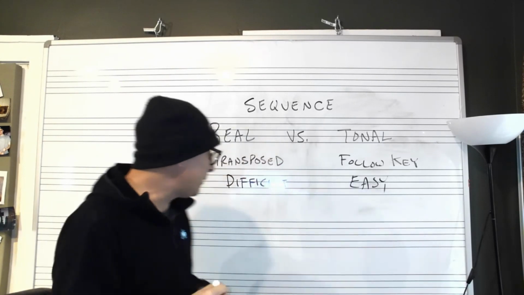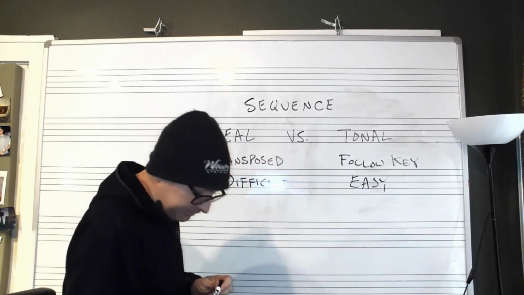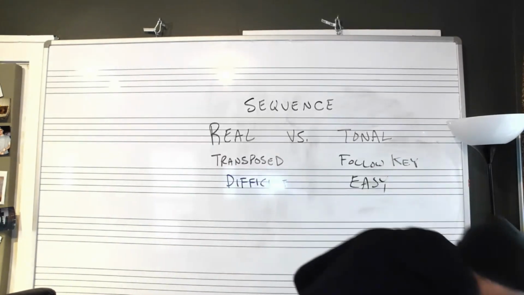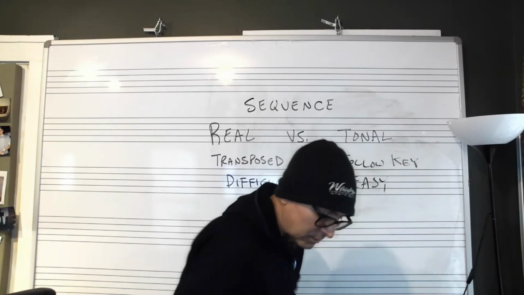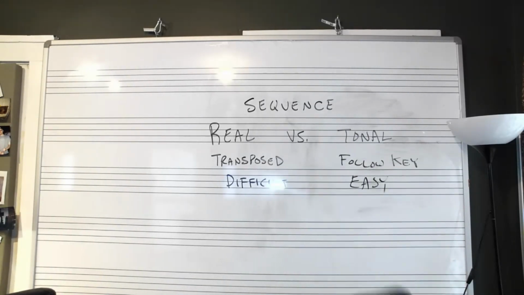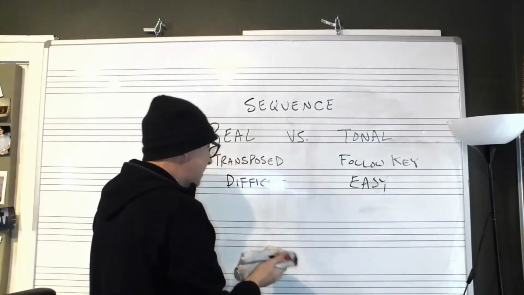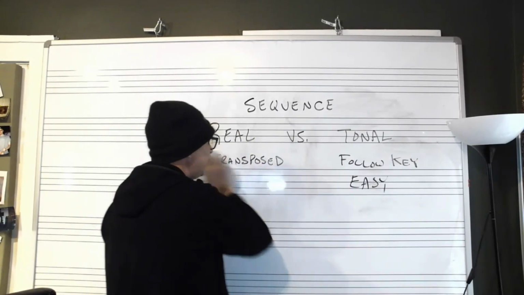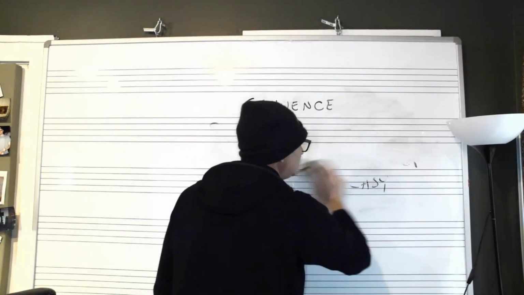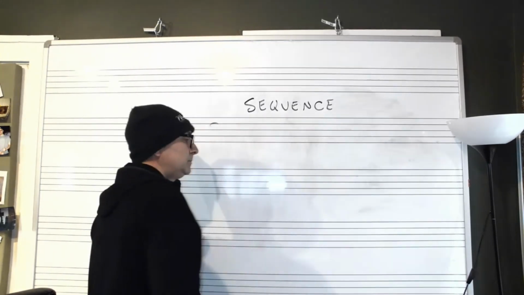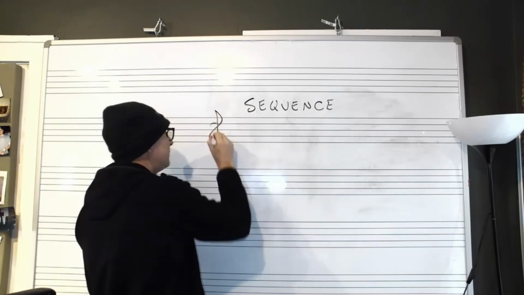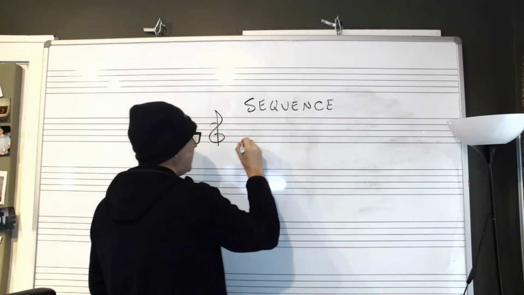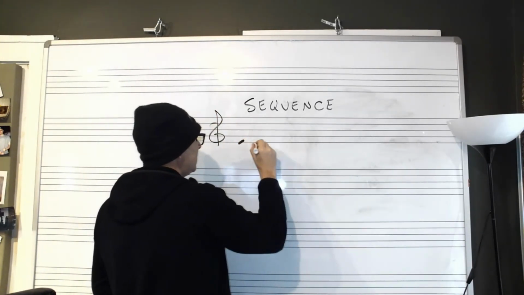All right, so let's see if we can write a tonal sequence, and then see if we can turn it into a real sequence. So we'll get rid of all this and actually write a little melody. We won't even use a key signature.